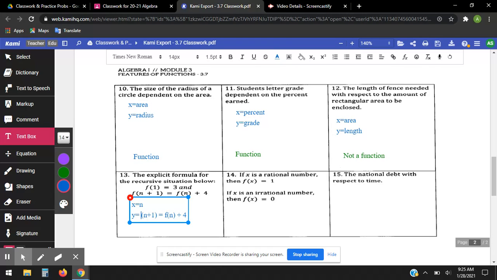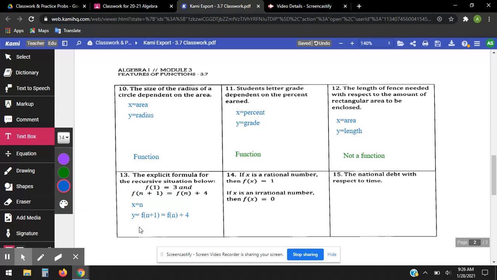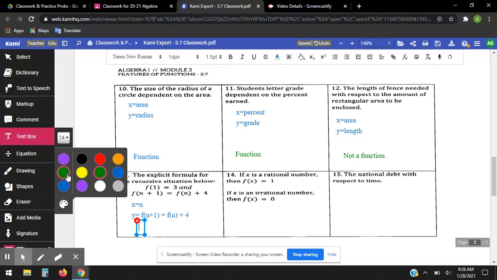So that would be my independent and my dependent. If I plug in a number for X, if I put in a 2, then I would have to have whatever the answer is to 2 plus 4, and I would only get one answer. So this would be a function because one input gets me one output.